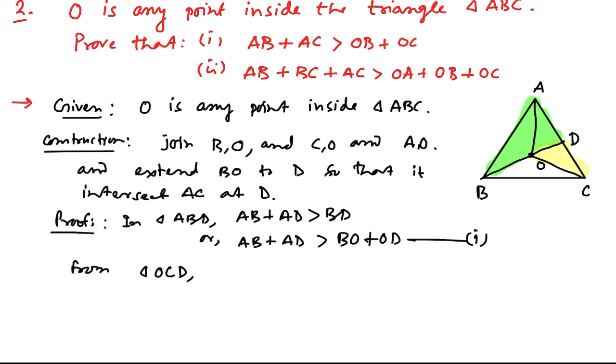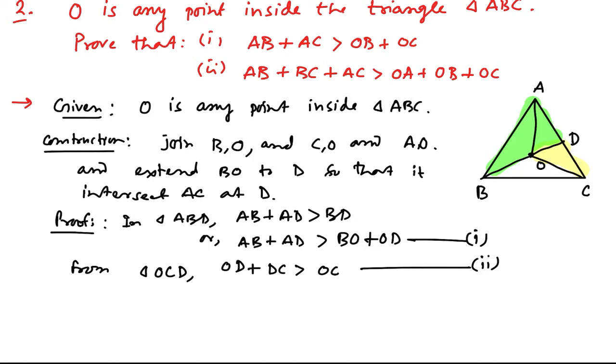From this triangle, we get OD plus DC is greater than OC. This is number 2.